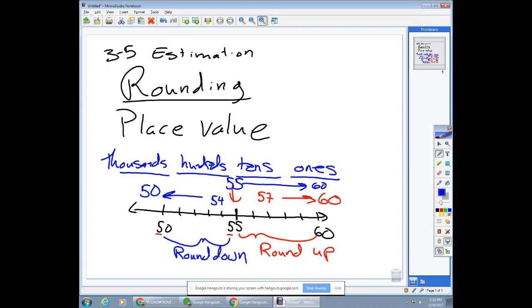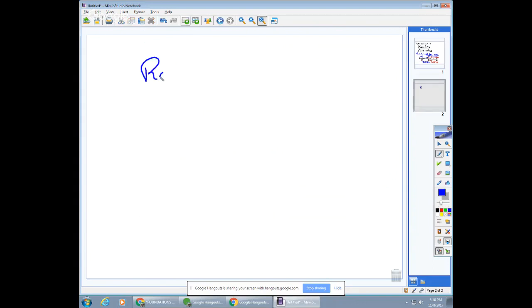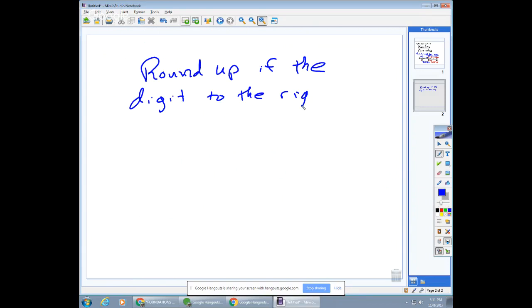So another way to talk about it, aside from balancing on the number line, is just a rule. Round up if the digit to the right is a 5, a 6, a 7, an 8, or a 9. So that's 5 of our digits.